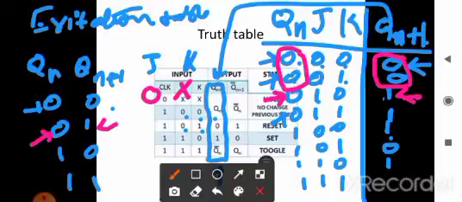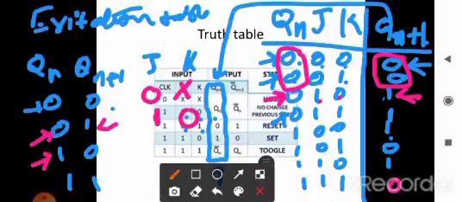So for here it will be 0. So here you can see 0 and 1, 0 and 1. So what is the value? 1 0, 1 0, 1 0, 1 0.